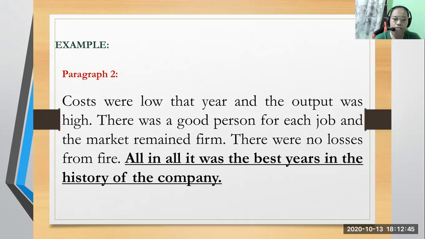What do you think is the function of the first, second, and third sentences in that particular paragraph? Those sentences gave specific details on why it is the best year in the history of the company. I hope you are getting the point on how we are going to find the main idea of a paragraph.